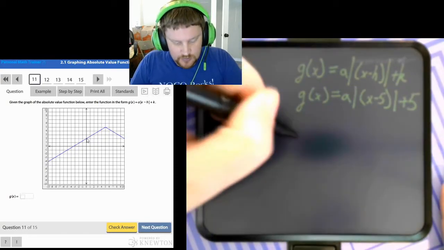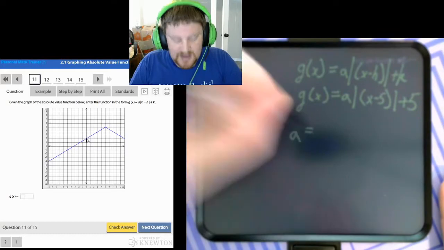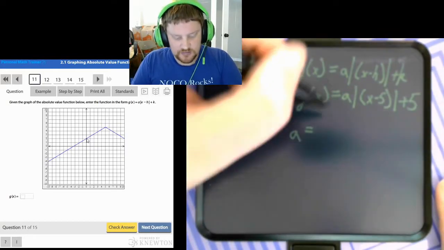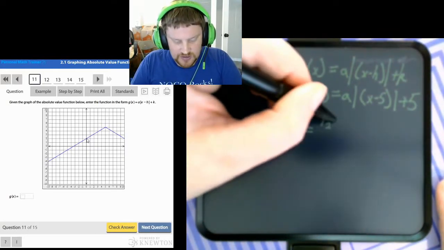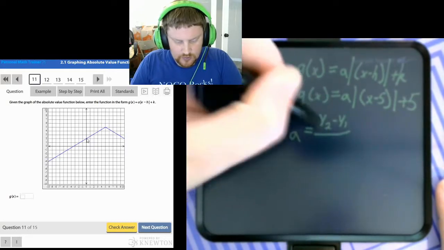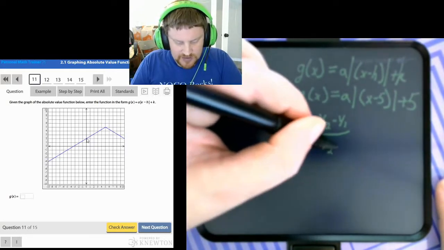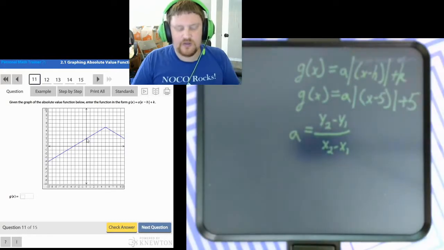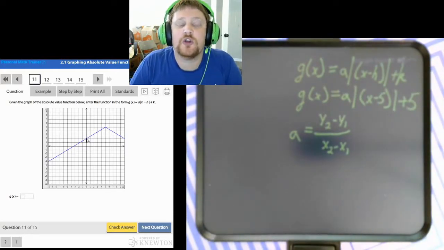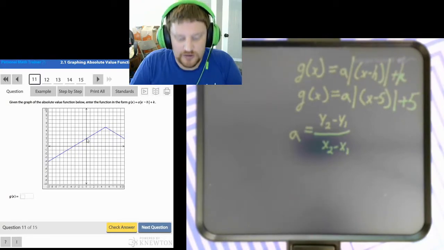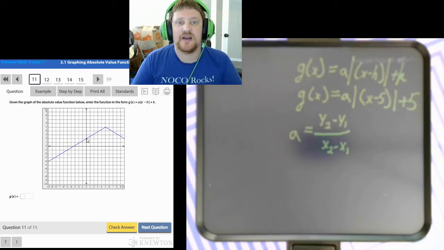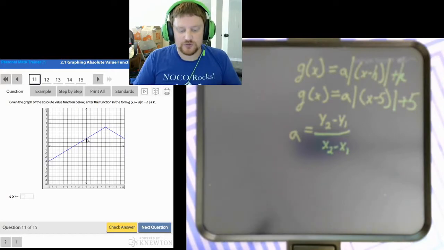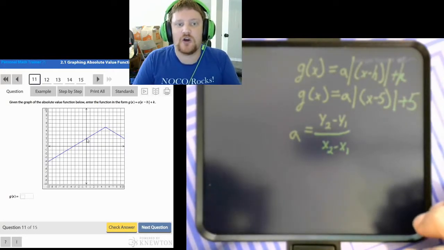Or I'm going to show you guys the other way that I learned how to solve this. There is a formula for a, and that formula is y2 minus y1 over x2 minus x1. That is our formula for slope back in the good old days of Algebra 1. However, in Algebra 2, we have to use whatever the parent function is on the bottom.